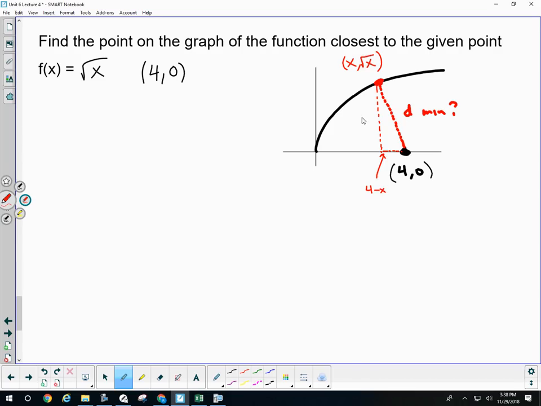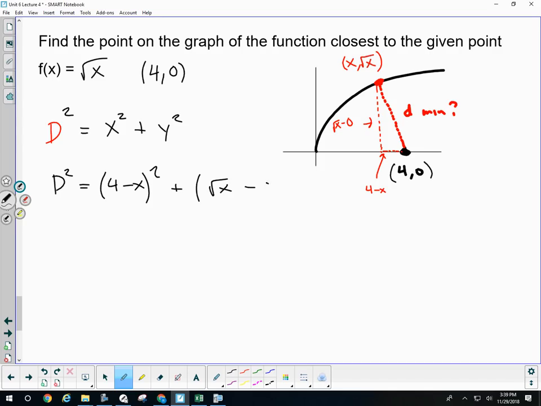Now, what would be this distance here? Square root x, or square root x minus 0. Well, if the distance squared is the x distance squared plus the y distance squared, I can replace this x distance squared as 4 minus x squared. I can replace the y squared with root x minus 0 squared.